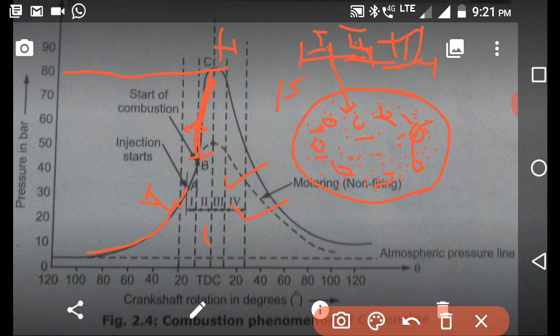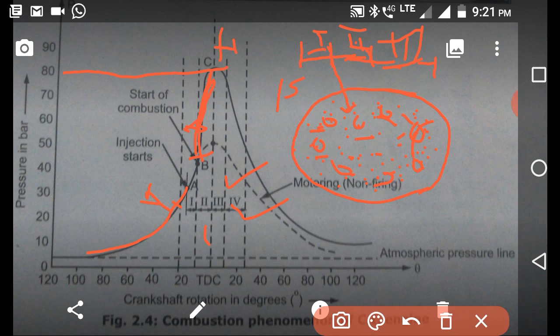This process happens in the fourth stage, the after burning. Thus combustion continues during part of the remainder of the expansion stroke, and this fourth stage we call the after burning stage.